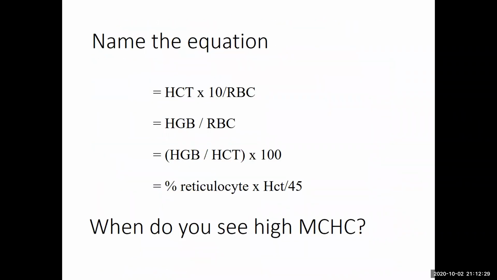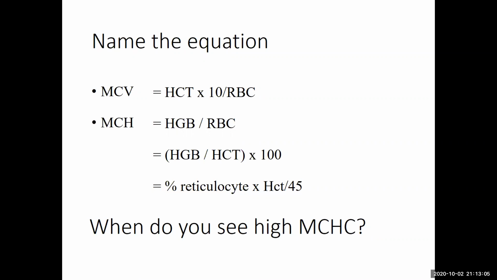Name the equation. So this is kind of annoying, and you probably guys don't need to know this until right before the boards, but hematocrit over RBC times 10. Anybody know what this is for? Is that MCV? Yes, perfect. And then what is the next equation? Hemoglobin over RBC. So it'd be the mean corpuscular hemoglobin, MCH. Yes.